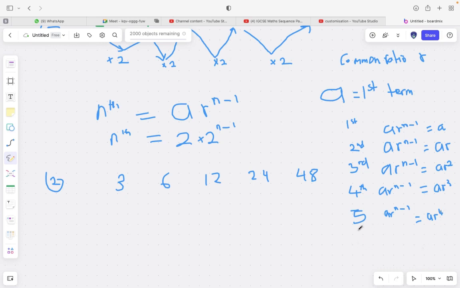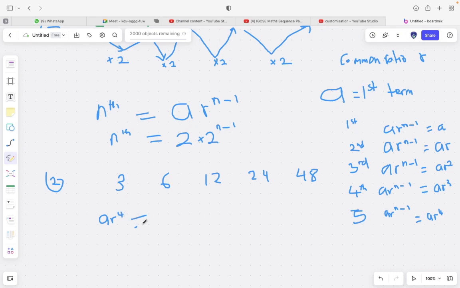So if you want to find the fifth term, the first term is 3. So if I'm looking for 1, 2, 3, 4, 5, you see how it's 48 now.